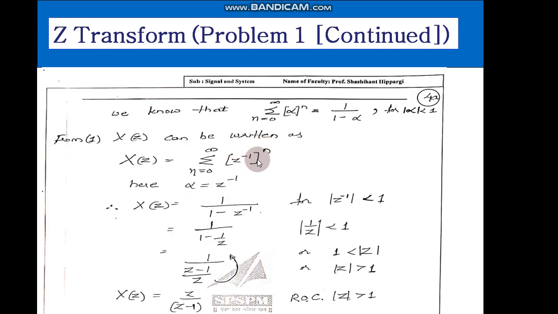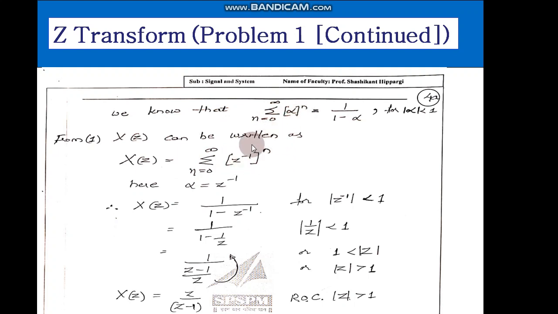Z to the power of minus n is written as z to the power of minus 1 raised to n, and summation is from n equal to 0 to infinity, because u of n is given and u of n exists only from 0 to infinity. So if I try to compare this with this, then n equal to 0 to infinity, n equal to 0 to infinity, this is alpha raised to n, this is z raised to minus 1 raised to n.